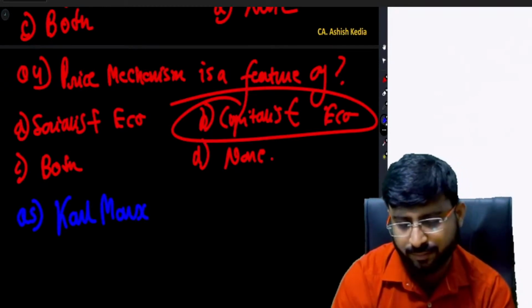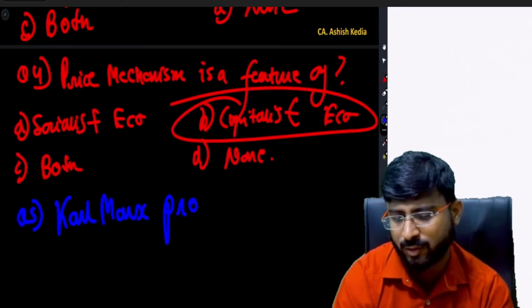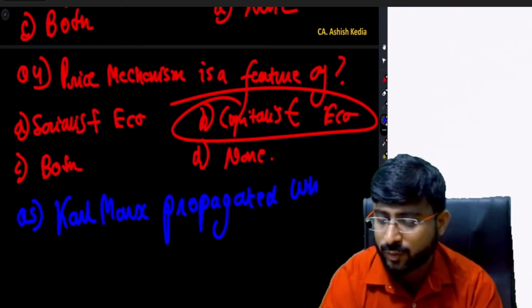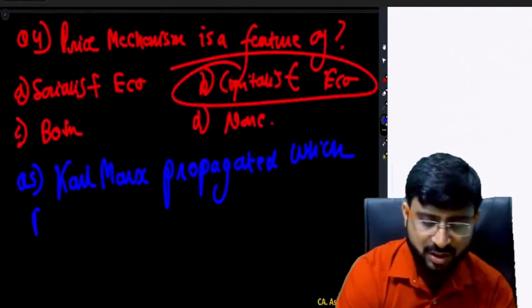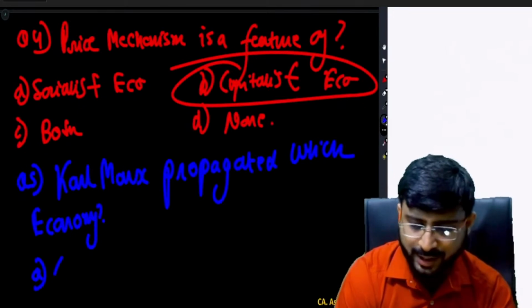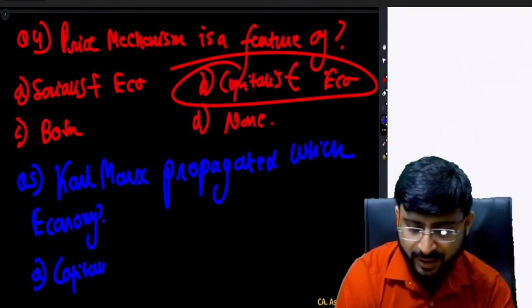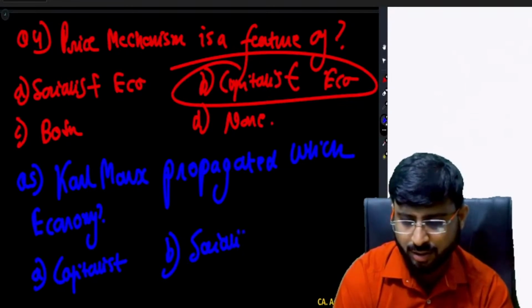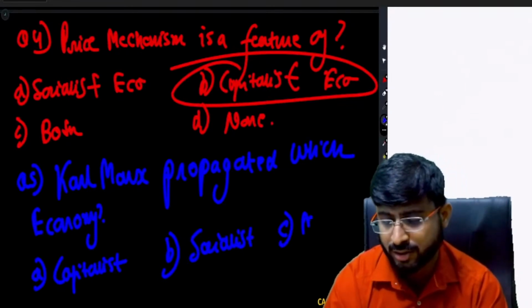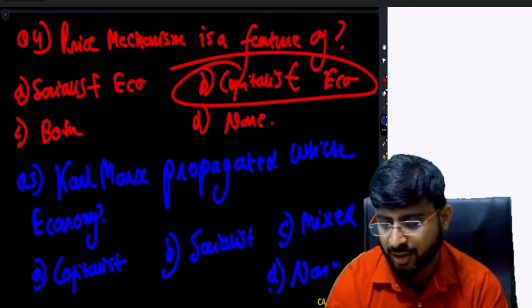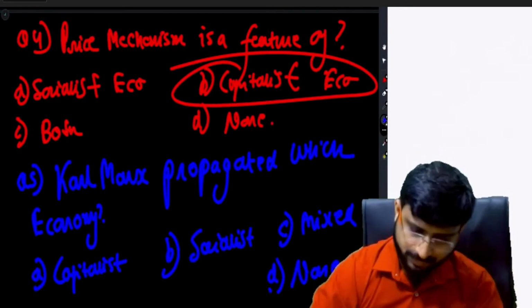Karl Marx propagated which economy? A, capitalist; B, socialist; C, mixed; D, none.